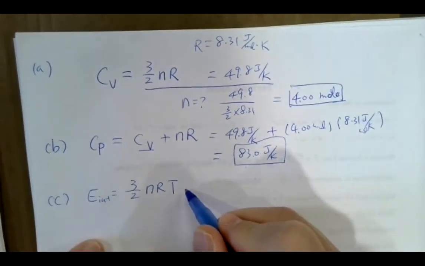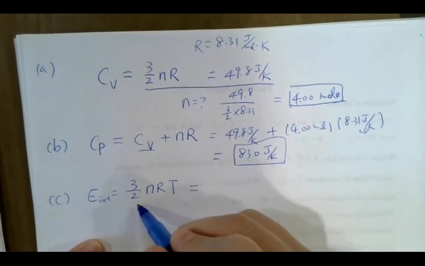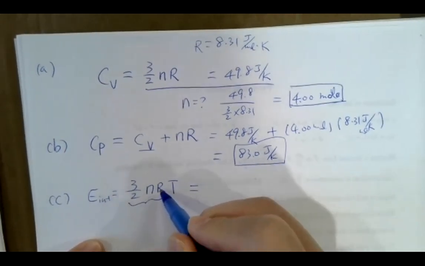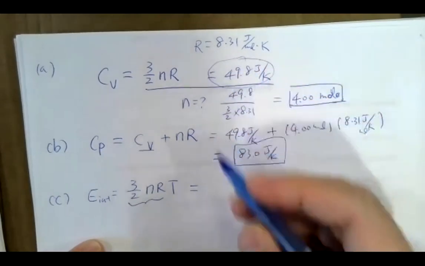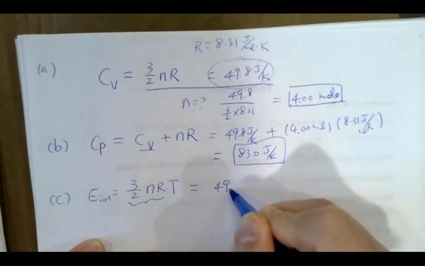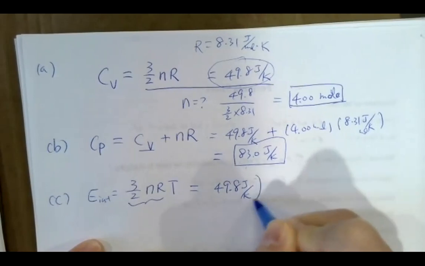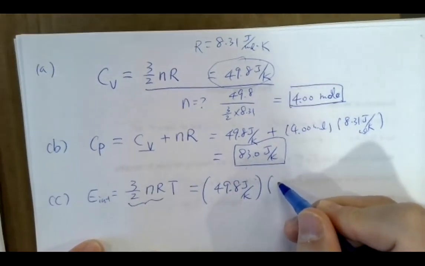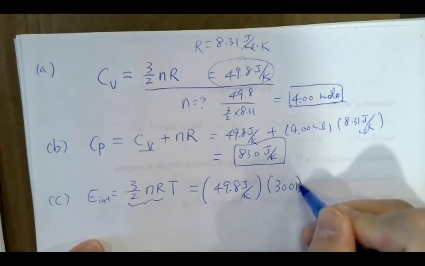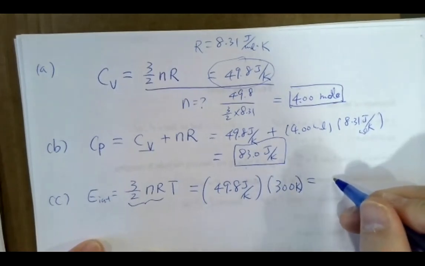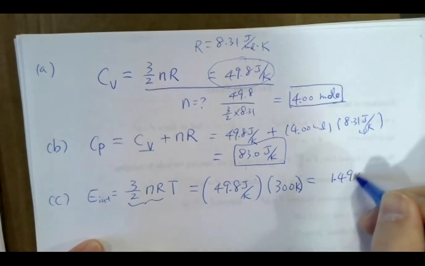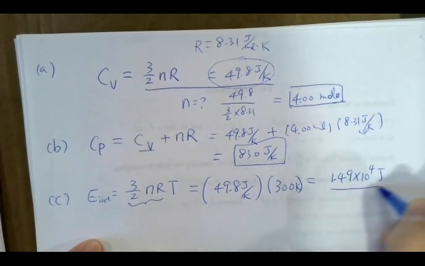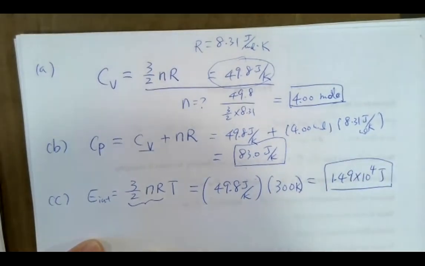Okay, and this guy, 3/2 of nR, that's basically this guy, right? So you can just put that number down, 49.8 joules per Kelvin times temperature. It says 300 Kelvin. Okay, so the internal energy is about 1.49 times 10 to the 4th joules.